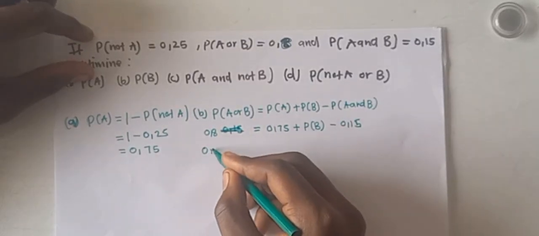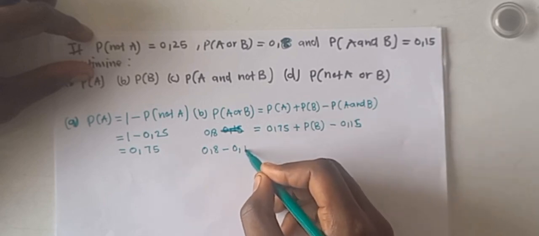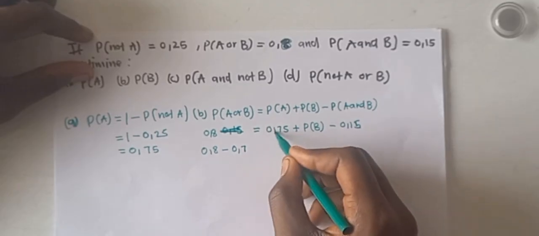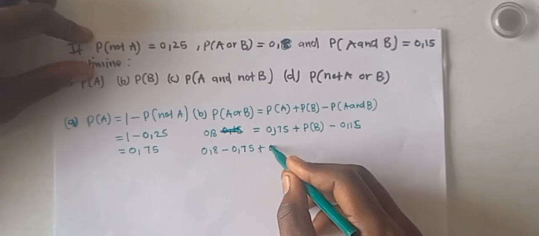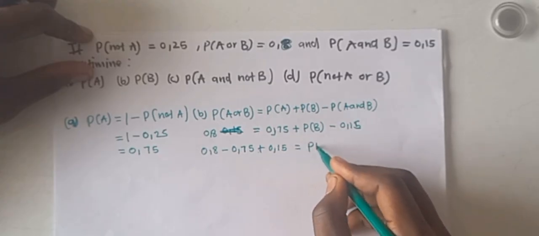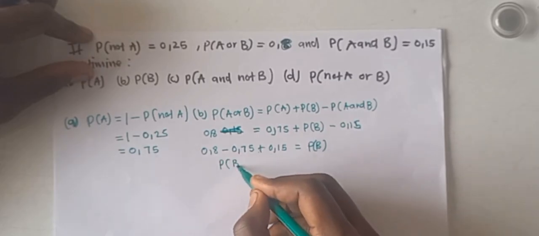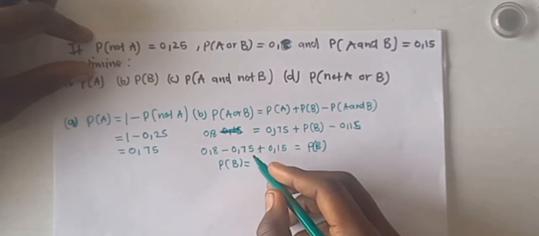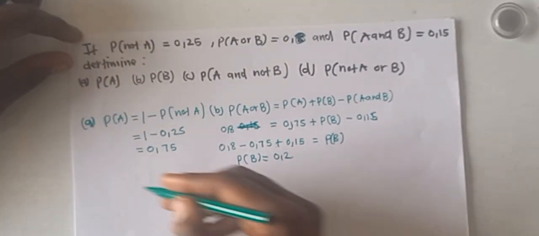We're just going to say 0.8 minus 0.75, and then plus 0.15, which is equal to the probability of B. So the probability of B is going to be equal to 0.2 if you punch this on a calculator.